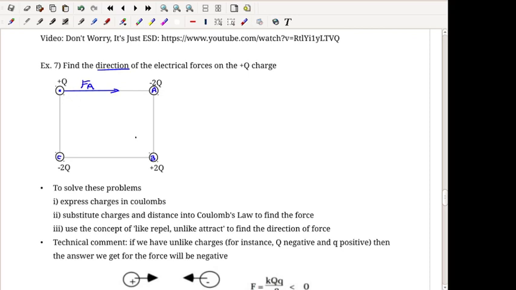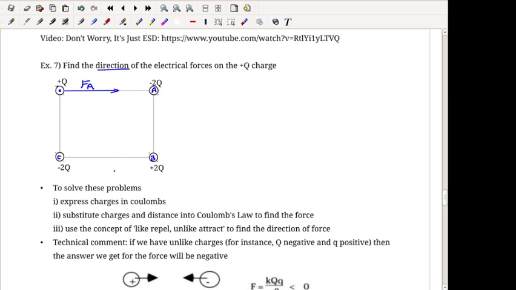Between charge Q and charge B, they are the same, both positive, so they're going to be attracted or repelled. Well, like charges repel, so it's going to be pushed away from charge B. It's going to go up in this direction.